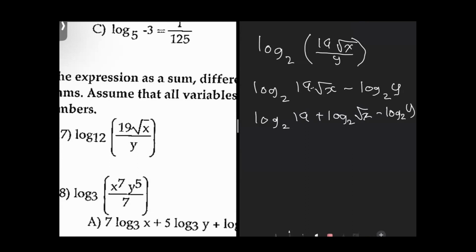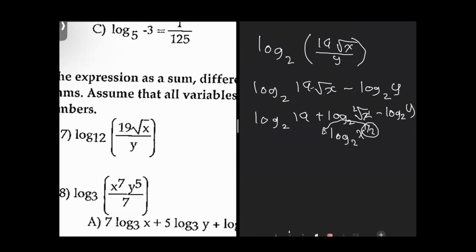Now, we may need to revise how to rewrite a radical as a fractional exponent. There's an implied 2 here, and there's a 1 here. So that can be rewritten as x to the 1/2. So rewriting this as log base 2 of x to the 1/2, based on the power rule, you take this exponent and bring it to the front.